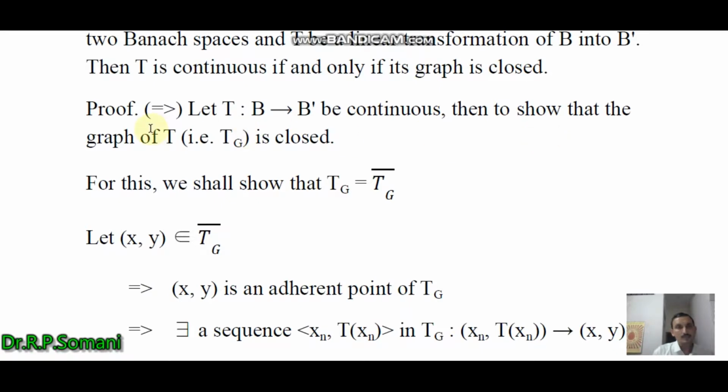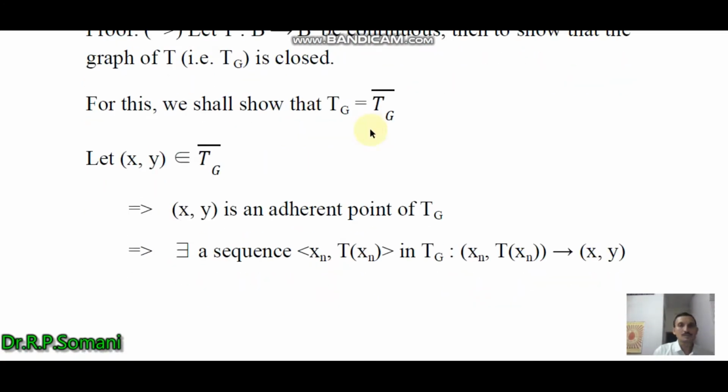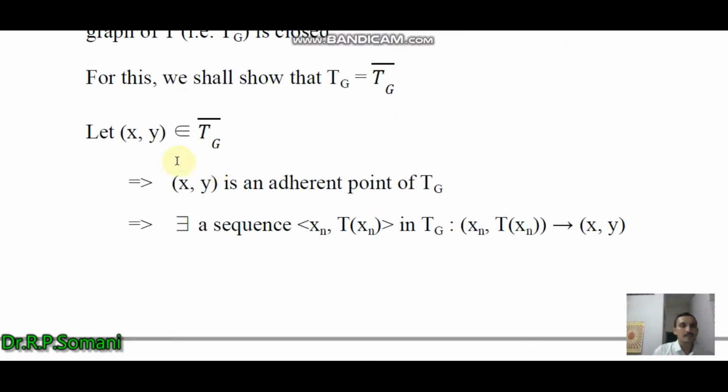For the first part, let T from B to B dash be continuous. Then we have to show that the graph of T, that is Tg, is closed. And for this we shall show that Tg equals Tg bar. So let the element (x, y) belong to Tg bar.